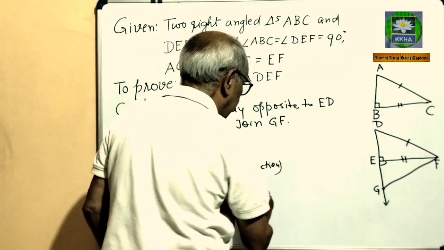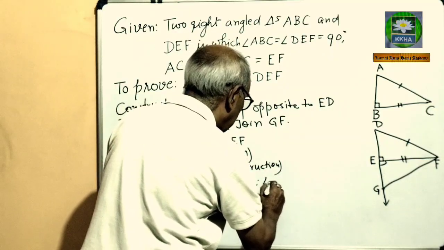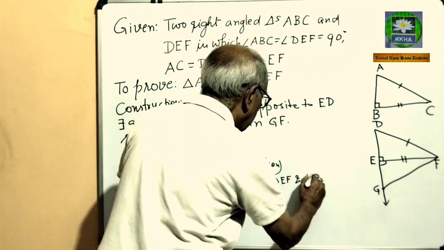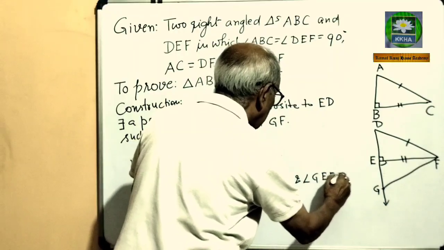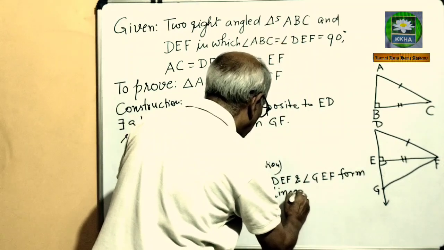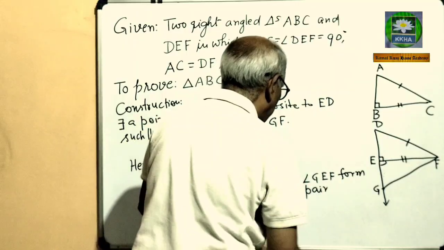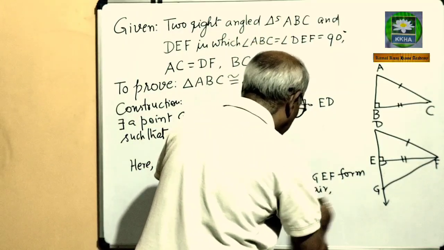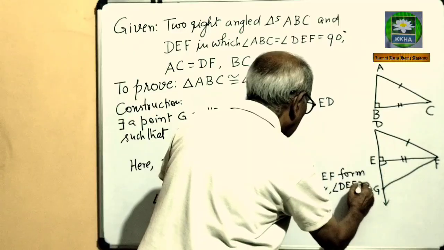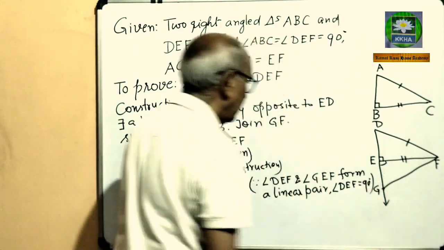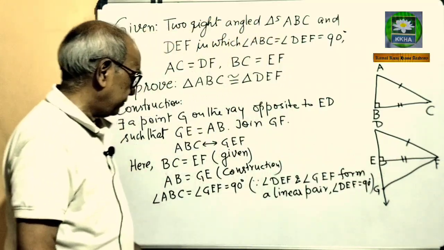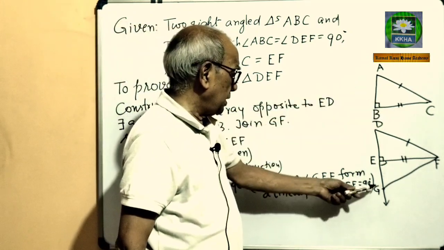Since angle DEF and angle GEF form a linear pair, and angle DEF equal to 90 degrees, it is given, so angle GEF will also be 90 degrees. Means angle ABC equal to angle GEF.